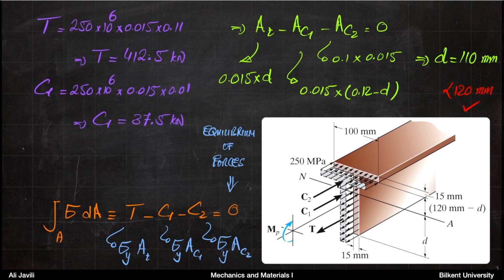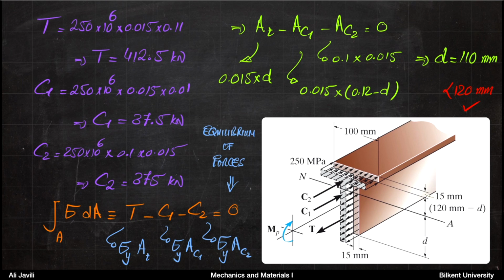Then you do the same thing for C1. This is sigma Y, yield stress, times the area of that little part. And then again, this is 120 minus 110 millimeters, which is 10 millimeters. So you get C1, that is the overall compressive force on that little area.